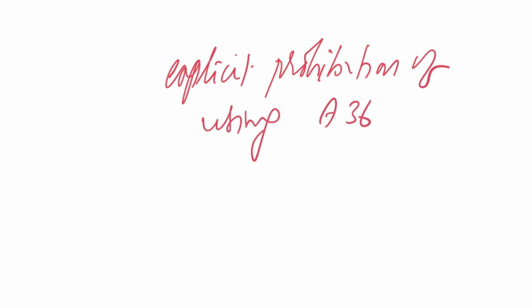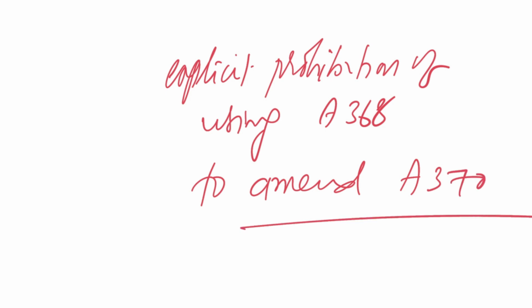And this is happening when there is an explicit prohibition of using 368 to amend 370, which means it is an explicit provision that 368 cannot be used to amend, which means Parliament cannot amend this.